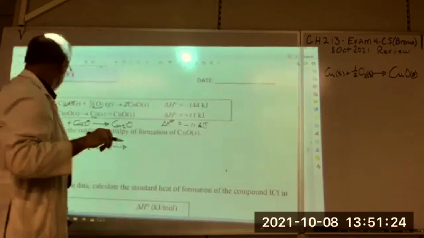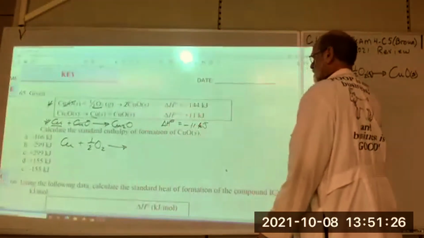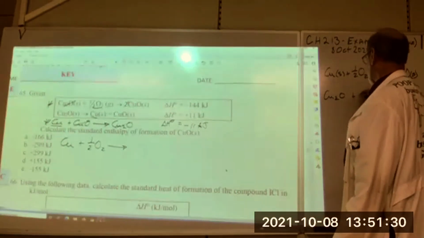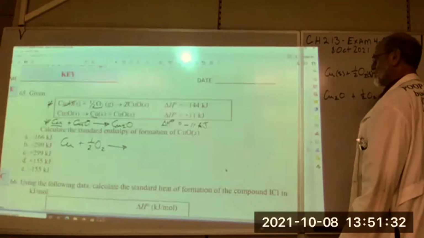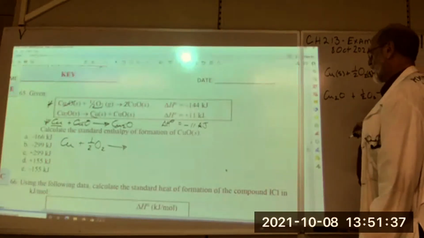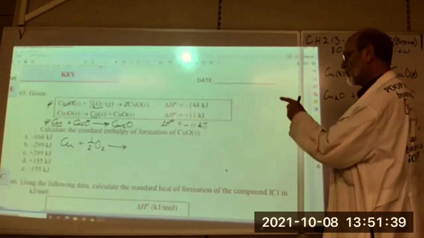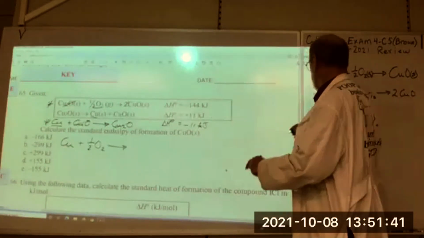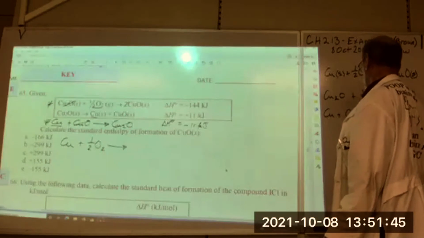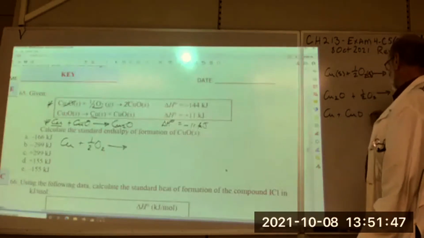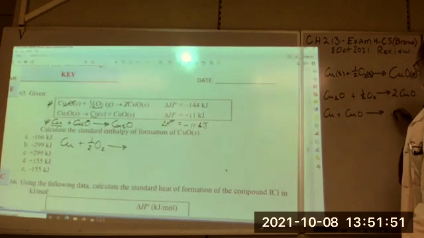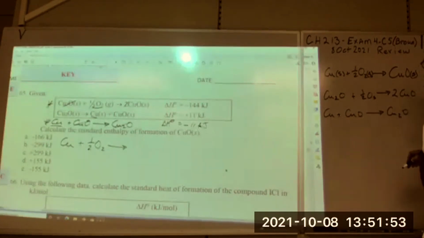Let me write those out over here. Copper 2 oxide plus 1/2 O2 yields 2 copper oxides. And then we flip this one around. Now we've got copper on this side plus copper oxide yields Cu2O.